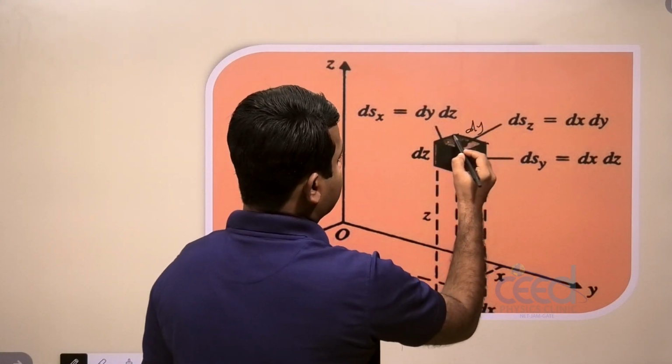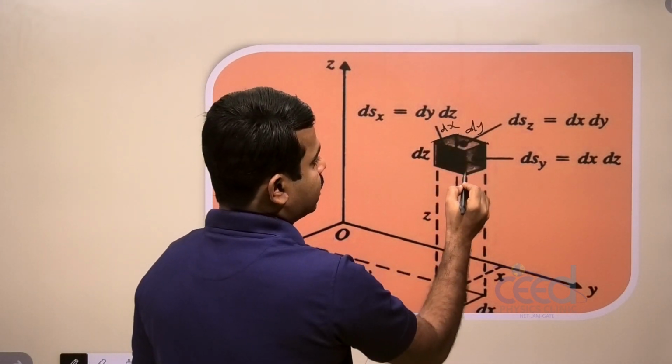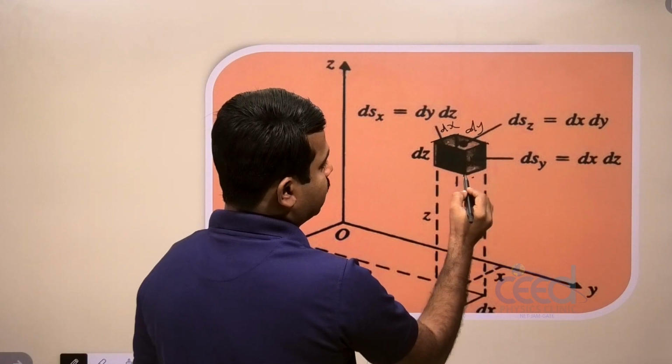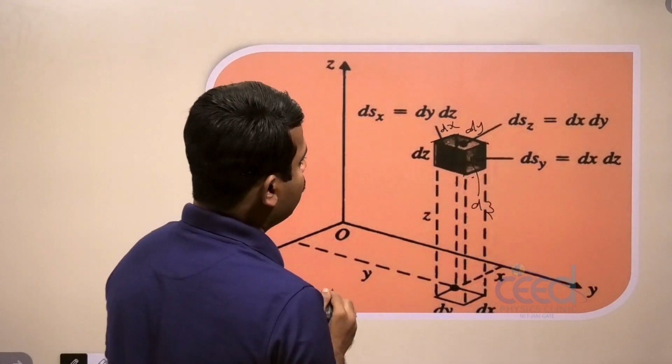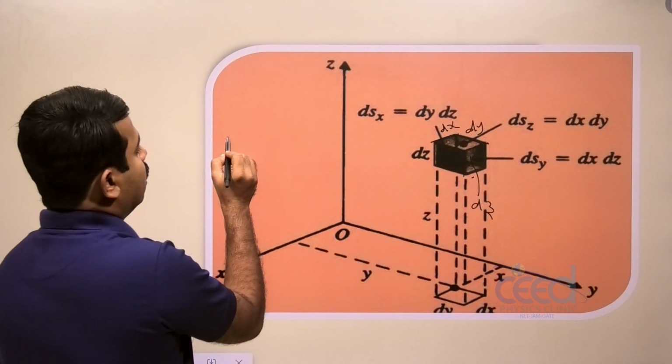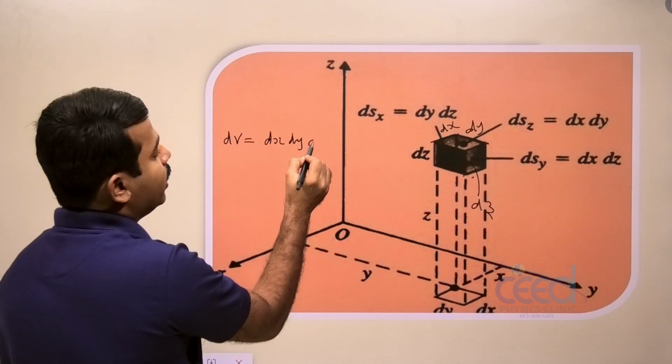This is the x-axis, so this is dx, and this is the z-axis, so this height is dz. Then length into breadth into height means dV is equal to dx into dy into dz.